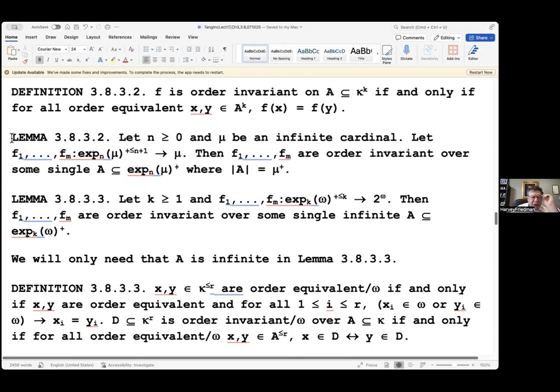This is an order invariant form of Erdős-Rado, and this is easily proved. It's a little bit messy to write down all the details, but this is a well-known kind of thing to everybody.